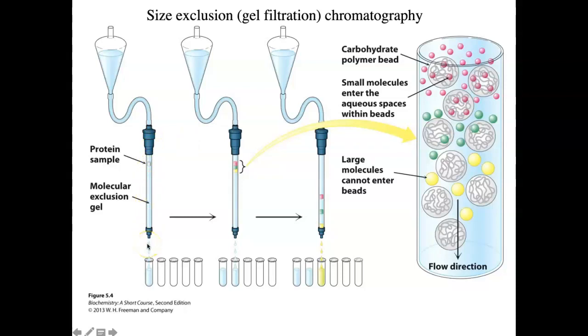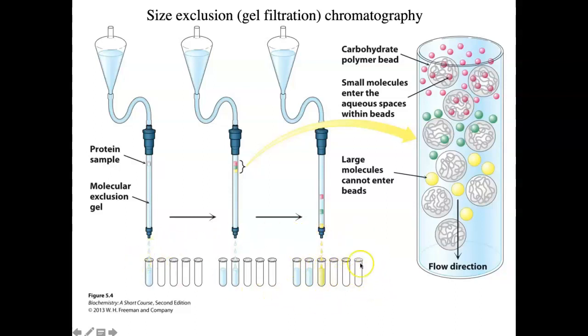And we're going to let the liquid run through. There are different methods: you can pump it through, or you can just let gravity drip. Our samples are going to come out the bottom, and we're going to collect fractions so we can separate them. When we separate by size, different size proteins will come out at different times, so they will end up in different fractions.